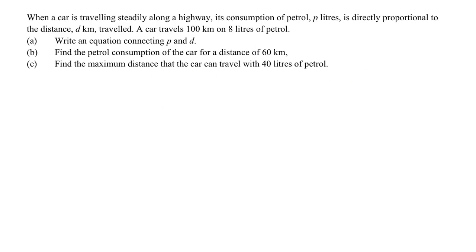Hello everyone, for this example we have a car that is traveling steadily along a highway, and we have the first quantity P liters. We also have the next quantity D distance, D kilometer, and they are directly proportional to each other.